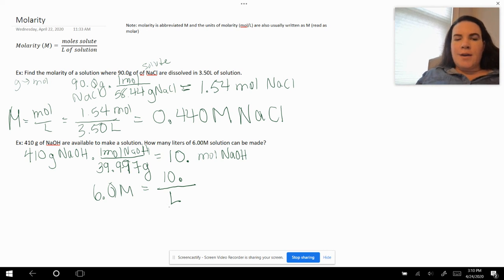So when you have an equation like this, where you don't know the denominator of a fraction, if you go through all the steps for the algebra, you get the same thing. These can switch places. So it's like you're multiplying by L on both sides. That'd be 6 times L. Divide by 6 on both sides. So then that would be L equals 10 divided by 6. And the units will cancel out.